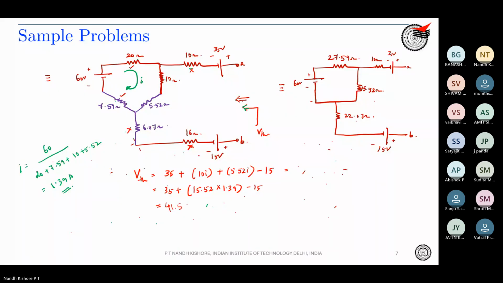Okay. So now what will be your P max? Your P max is going to be what? V Thevenin square divided by 4 into R Thevenin, correct? So what is the answer?